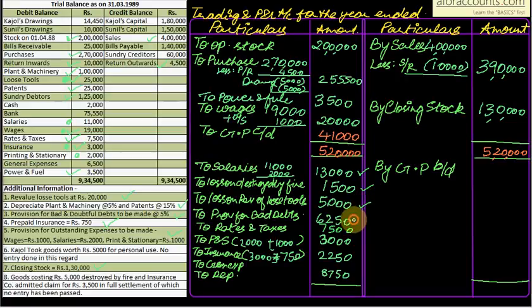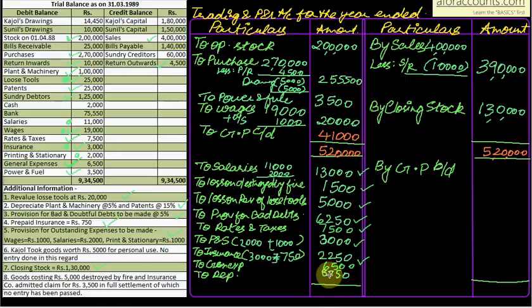Now, 6,250 is your provision for bad debts. Rates and taxes 7,500. 3,000 is your printing and stationery. Insurance 2,250. And your general expenses we have to mark 6,500 indirect expense. So general expenses 6,500 and your depreciation.